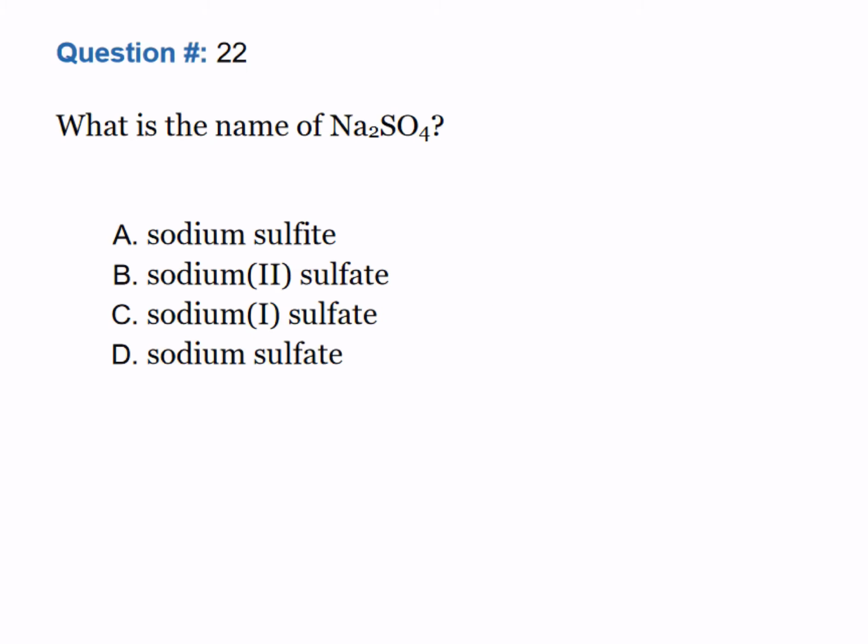So we can also ask you what is the name of Na2SO4. This is sodium, and you need to recognize this as sulfate, and that's basically what you do. So you have sodium sulfate, so A is out of the question. The other three are sulfates, right?